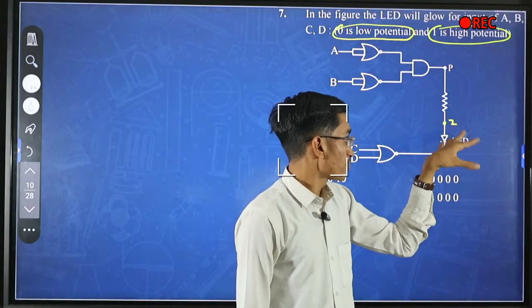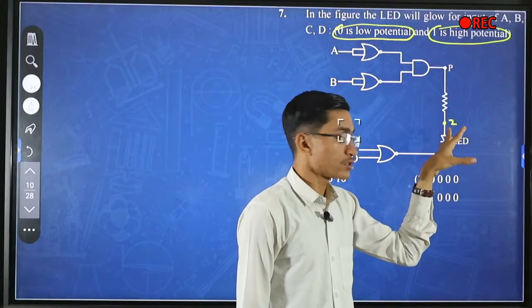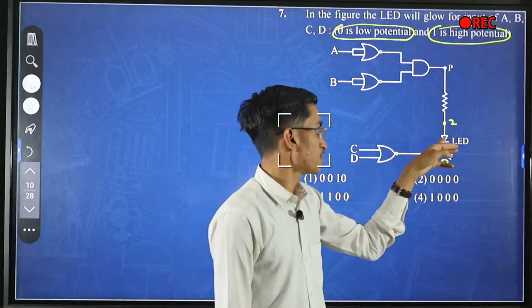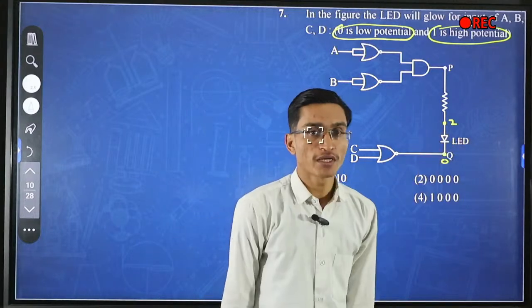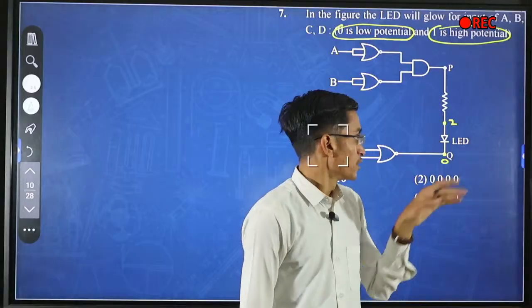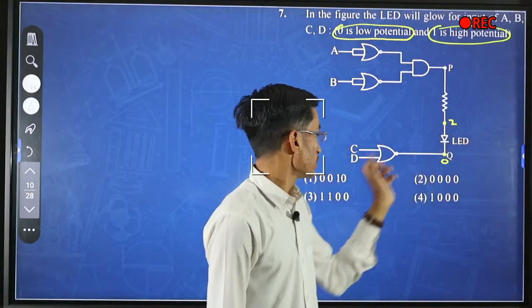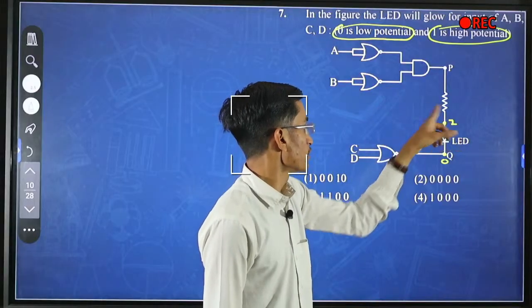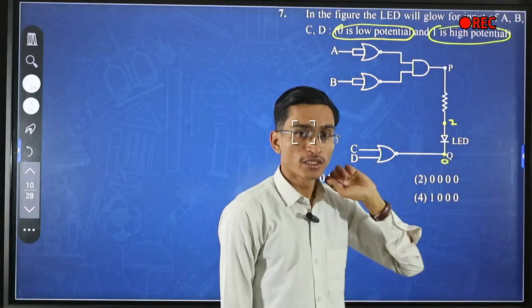If there is no such output of 1 and 0, then the LED will not glow, because that condition will be reverse bias. So we have to find in which option the output from AB comes to be 1 and output from CD comes to be 0.